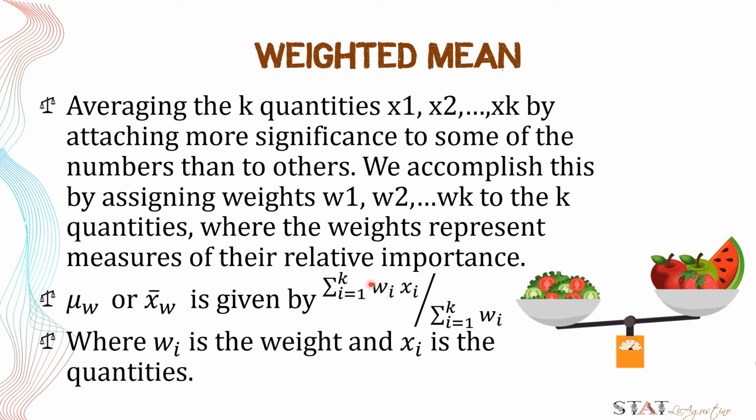Remember this, w1 is the weight of x1. They correspond to each other. Each data value must have a corresponding assigned weight, over the summation of weights, the summation of wi, where i ranges from 1 to k. So this is the total weight, where wi is the weight and xi is the quantities.